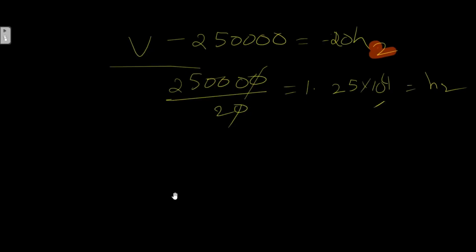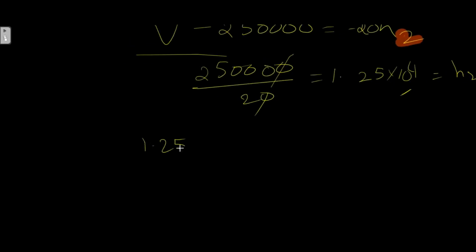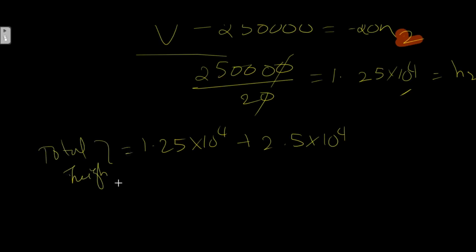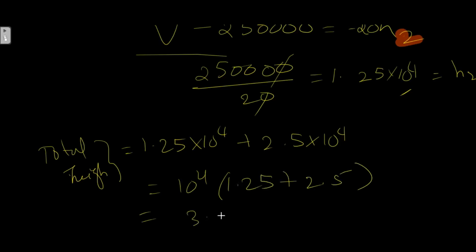So now the total height will be 1.25 into 10 power 4 plus 2.5 into 10 power 4. Taking 10 power 4 as a common factor, 1.25 plus 2.5 is equal to 3.75 into 10 power 4 meter as the total height.